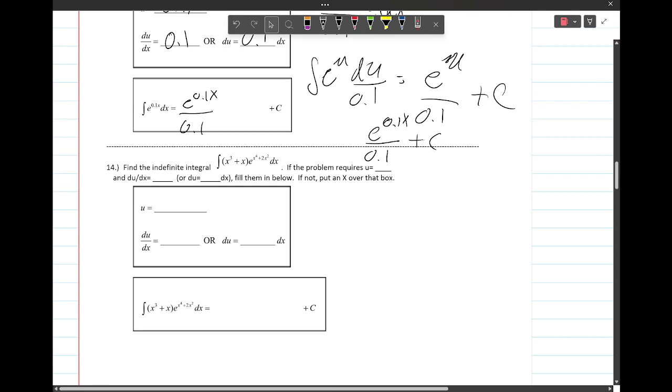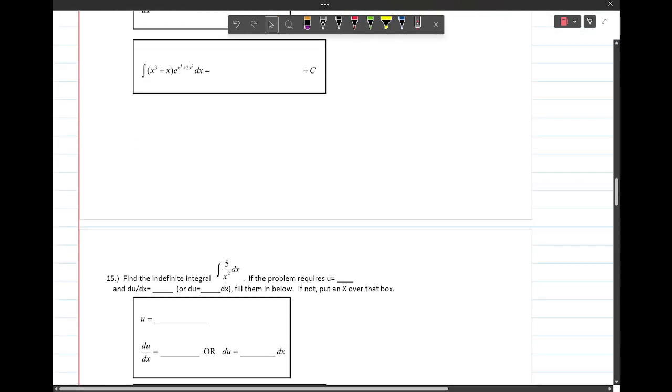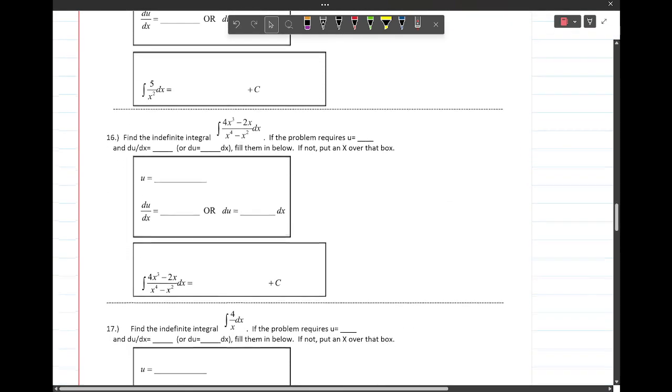14 is just another one of that. So if there's a problem like this on the exam, just write that twice, the same text.